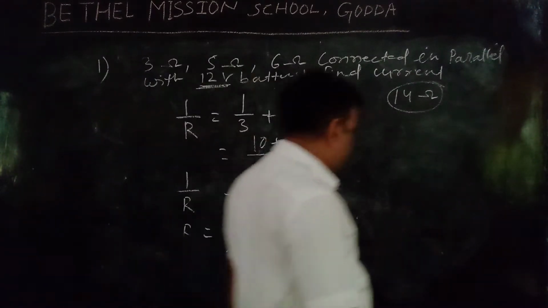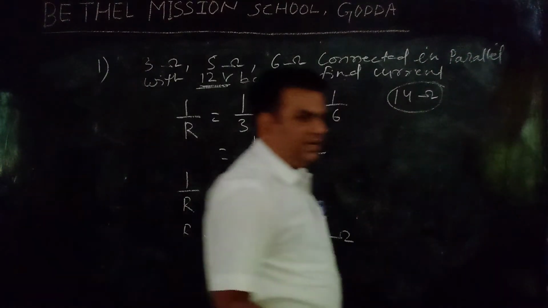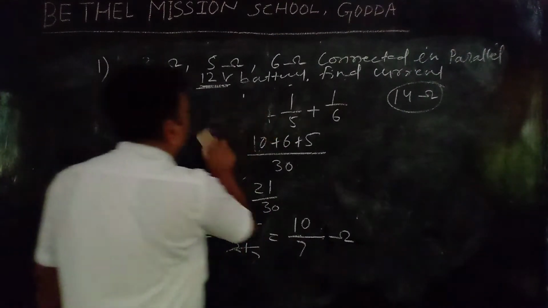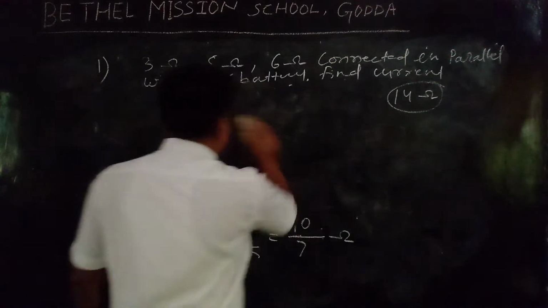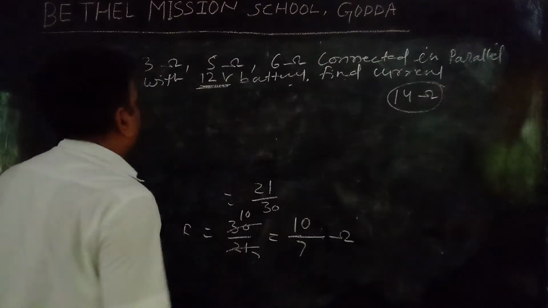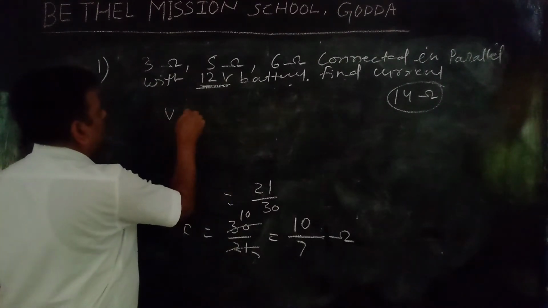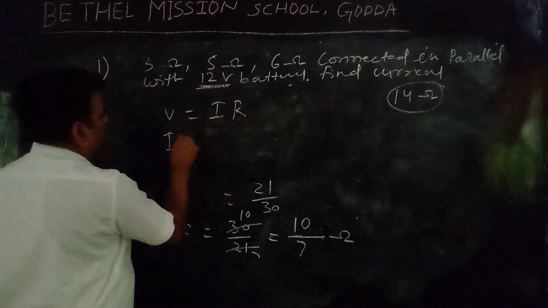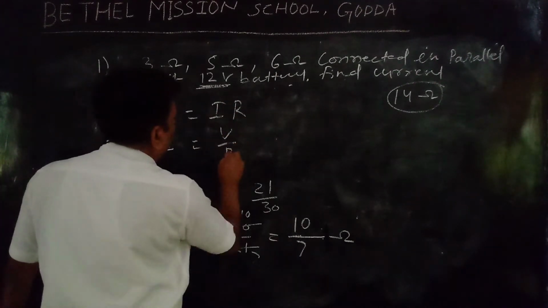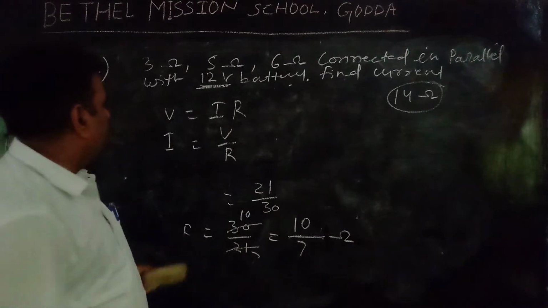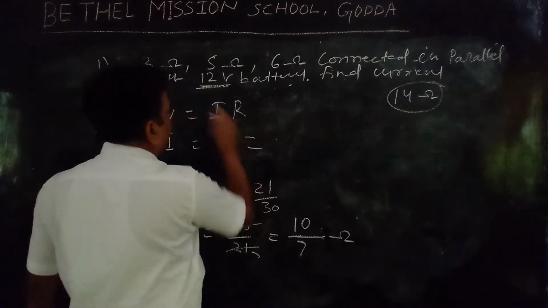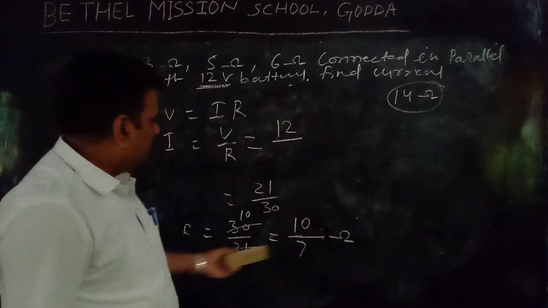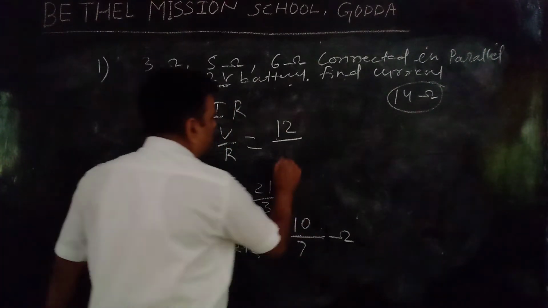Can we find the current? Yes. Again we apply Ohm's law: V equals IR and I equals V upon R. V is 12 and resistance is 10 upon 7.